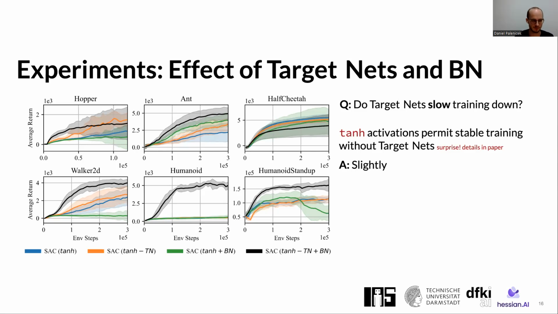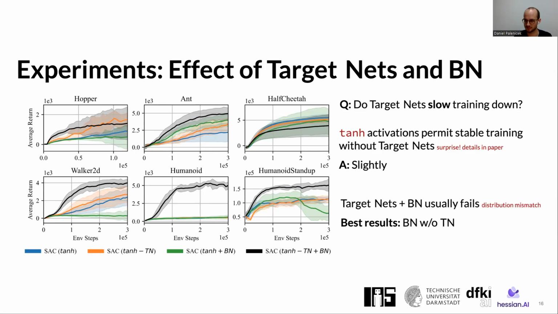And there are not many surprises here. We see that removing target networks usually slightly helps, but it's not dramatic. Just using batch normalization, so keeping the target network in there and adding batch normalization, usually fails. And that is because of this distribution mismatch we talked about earlier.